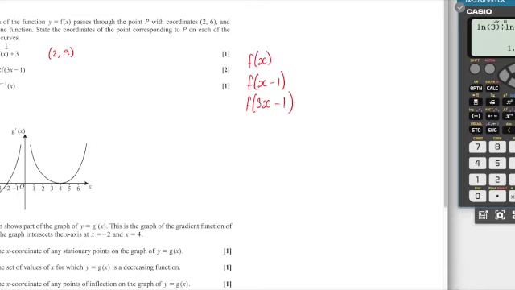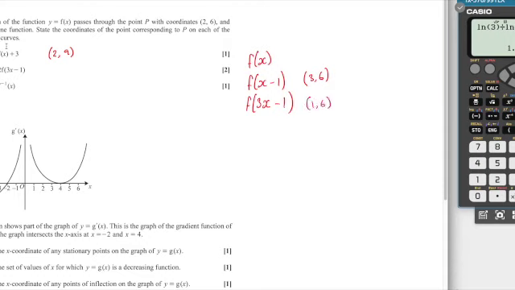So what's happened to my x coordinates then? So first job, when I translated 1 to the right, so that has become 3, 6. Then I have multiplied by 3 inside, so I'm going to divide by 3, so that is going to be 1, 6.